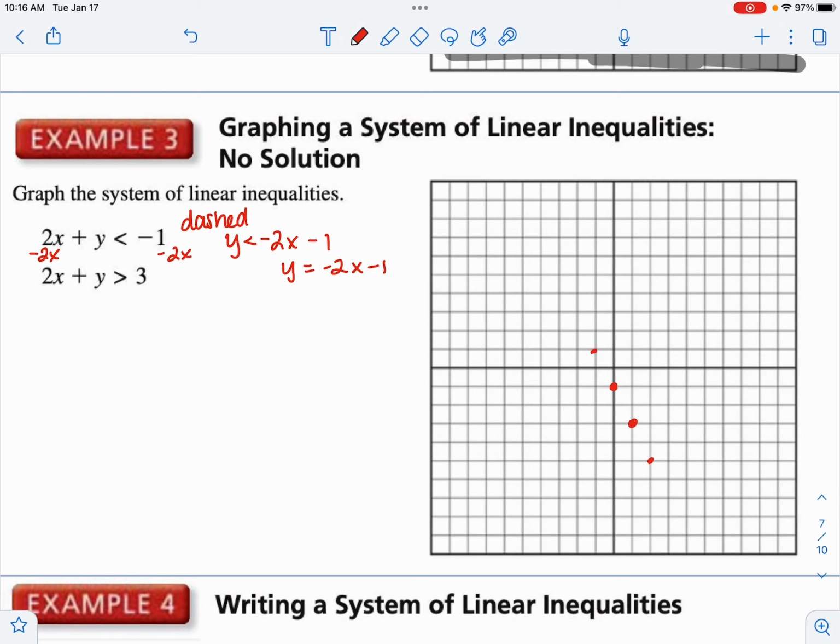Do a few points and dashed. And super important that your line extends your entire graph. So 0, 0 is the point I'm going to test. And if I plug that in, 0 is less than negative 2 times 0 minus 1. So 0 less than negative 1, that is not true. So that means that I'm shading the opposite side.